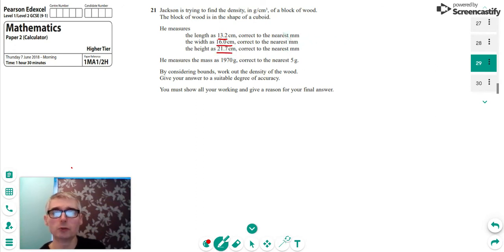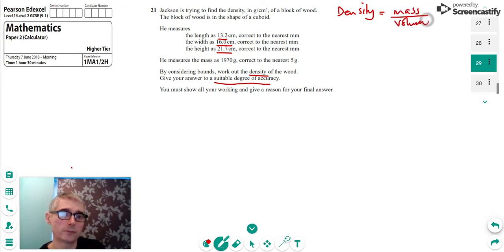And these are all rounded measurements, and what we're trying to do is work out the degree of accuracy for the density. So the first thing we can say is, what's the formula for density? Density is given by mass divided by volume. That's important because that will enable us to calculate what the density is.